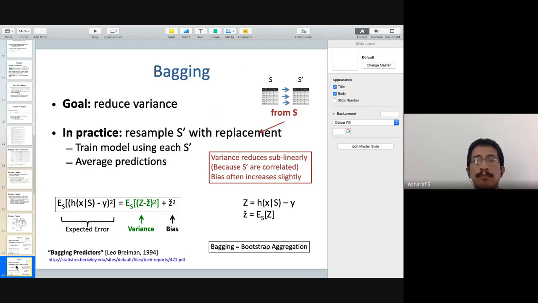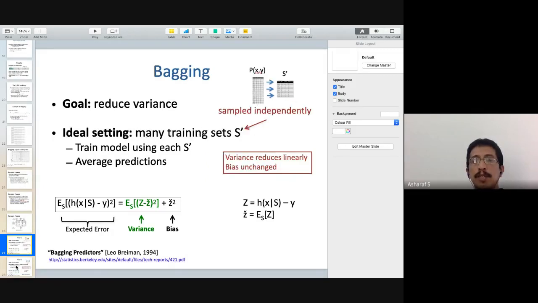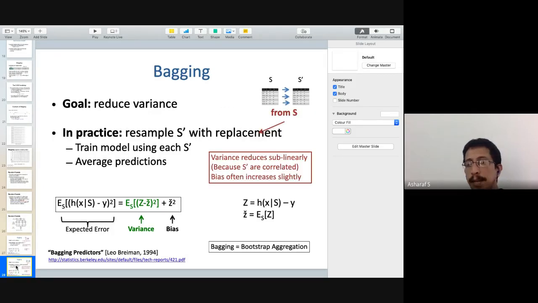That's about bagging. It reduces variance when samples are independent. In practice, we resample with replacement and train models; variance reduces sublinearly because the samples are correlated, and bias increases, because you have a more complicated model with more parameters to deal with. That's why bias is typically not considered.